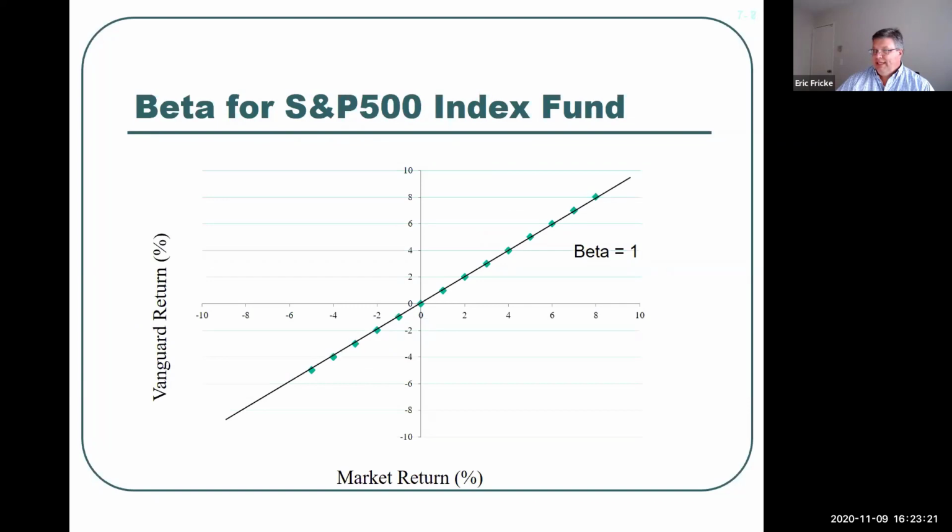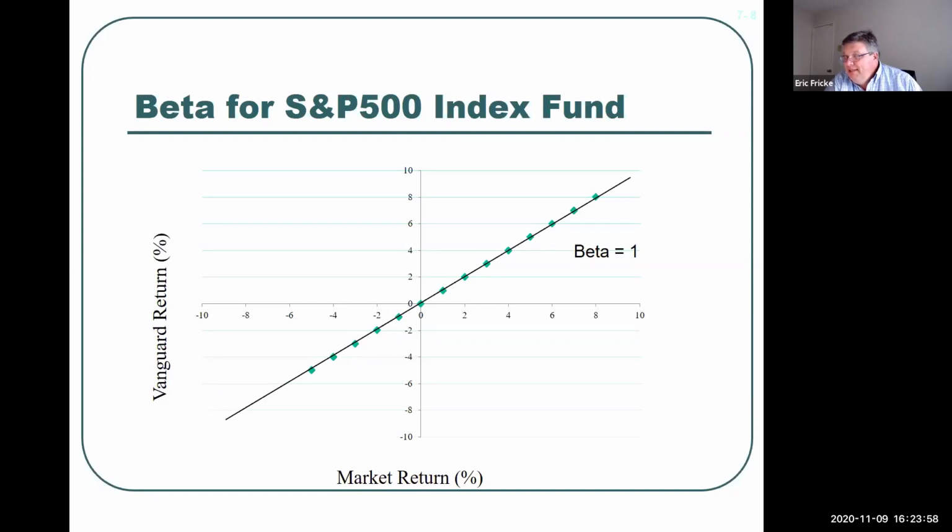Here's the same slide, but for an S&P 500 index fund. This is a proxy for the market portfolio. The S&P 500 is 500 of the biggest companies in the stock market. It's not always the 500 biggest; sometimes they add companies that are growing quickly, but it's considered 500 of the most important stocks in the stock market.